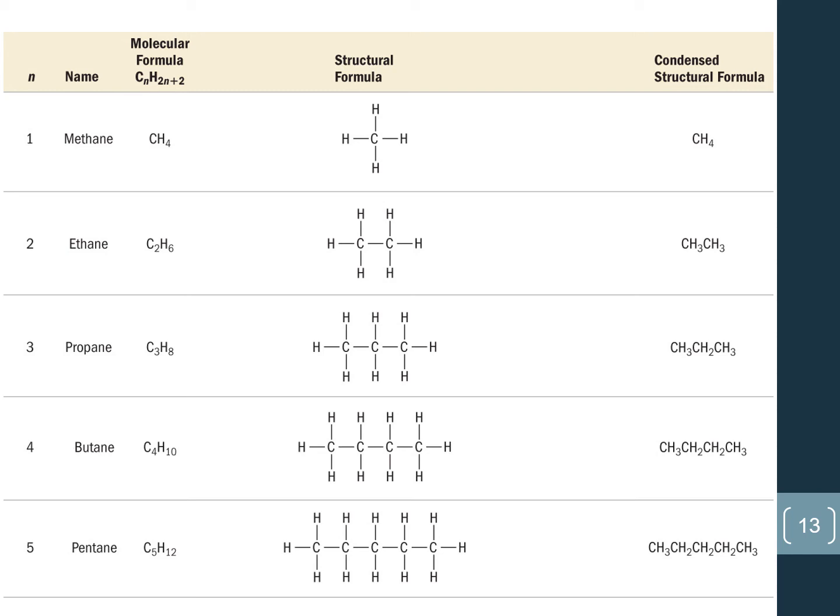The name for that hydrocarbon containing one carbon is methane. That name has two parts. One part that I'm going to underline in green. The second part that I'm going to underline in red.